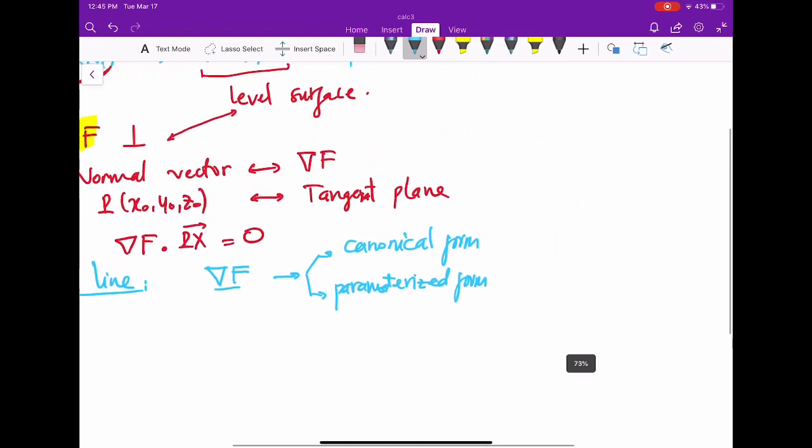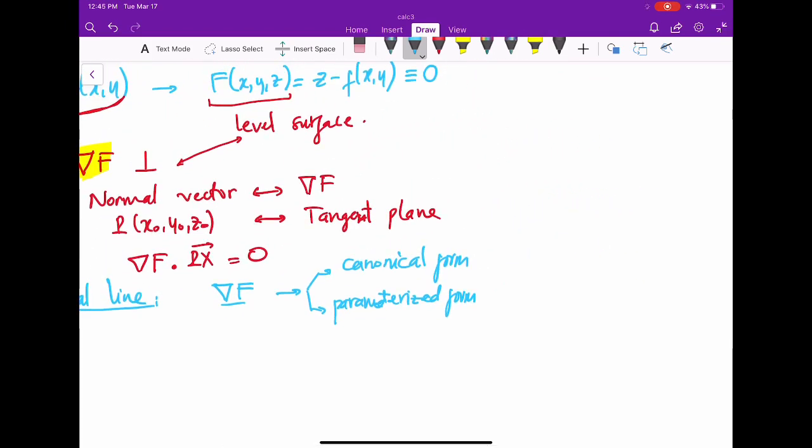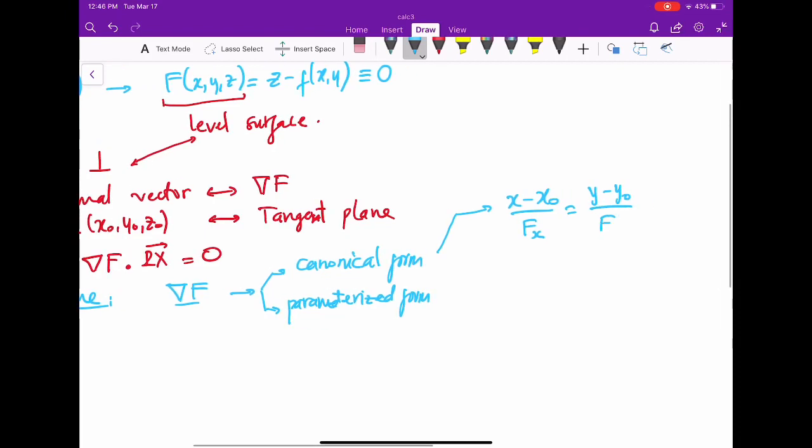So let me remind you about this, right? Canonical form. You would have the following form: x minus x0 over, let's say, F partial derivative with respect to x, and then y minus y0 over F partial derivative with respect to y, and z minus z0 over F partial derivative with respect to z.